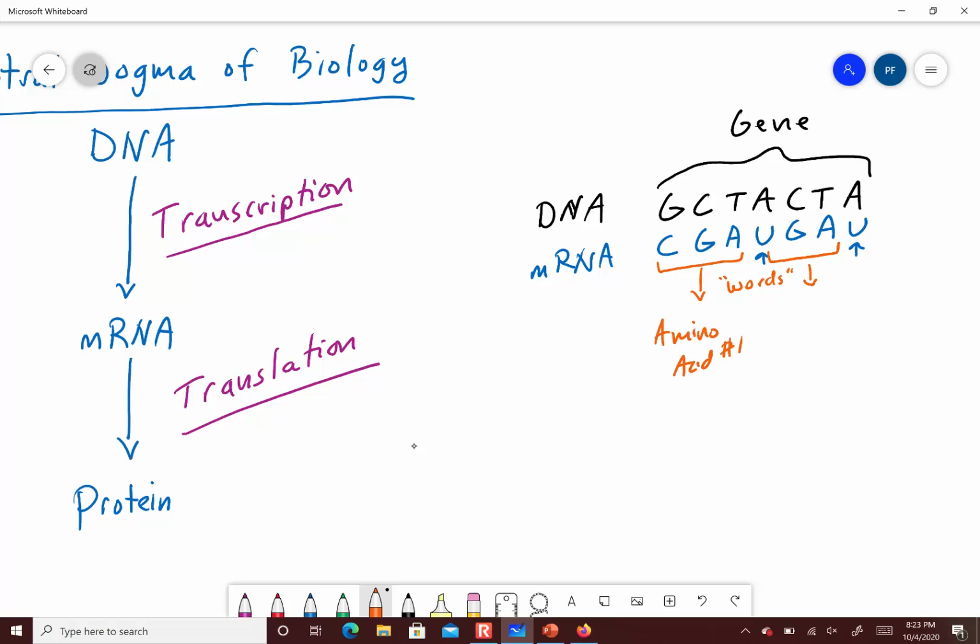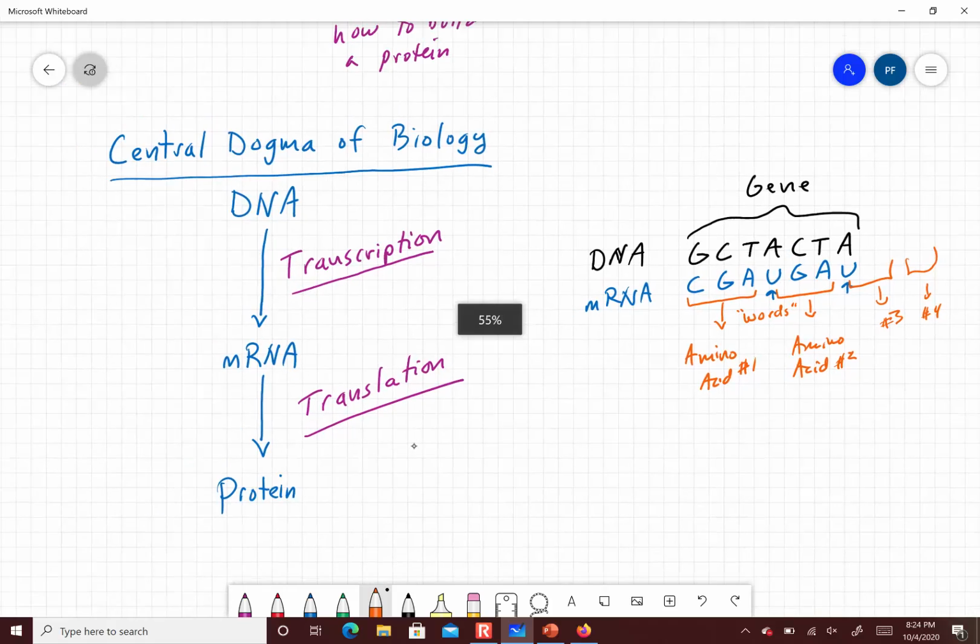So it would tell us, what's the first amino acid? And then the next word, UGA, would tell us what's the next amino acid, number 2. I only made this 7, but we would have the next word to tell us what's amino acid 3, and the next word to tell us what's amino acid 4. So you get the idea. The message has what's the first amino acid, what's the second, third, fourth, fifth, etc.